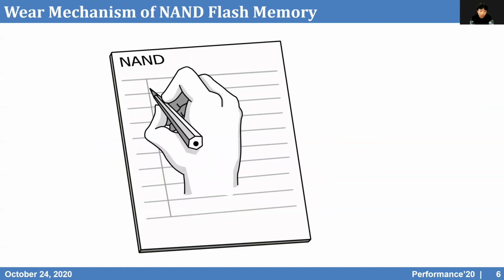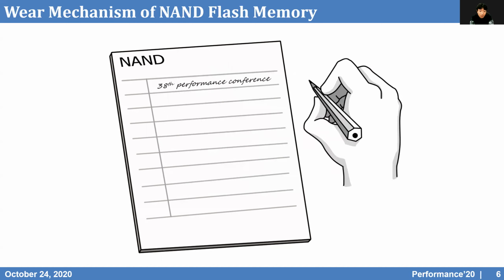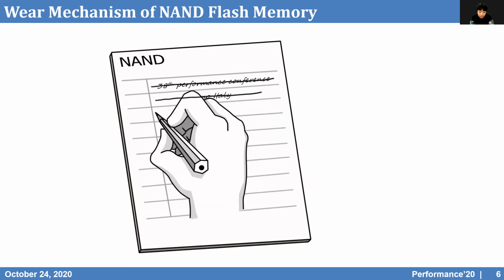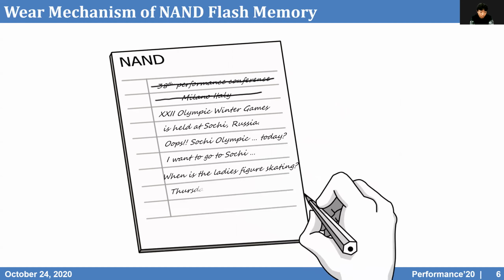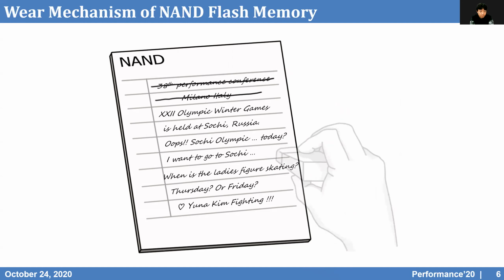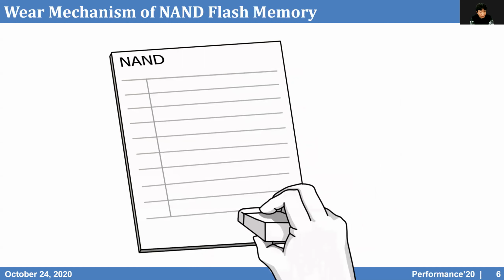To explain the wear mechanism of NAND flash memory more easily, we compare NAND flash memory with paper. NAND flash memory is similar to paper. We can write on the paper and read what we wrote. And we can also erase what we wrote.